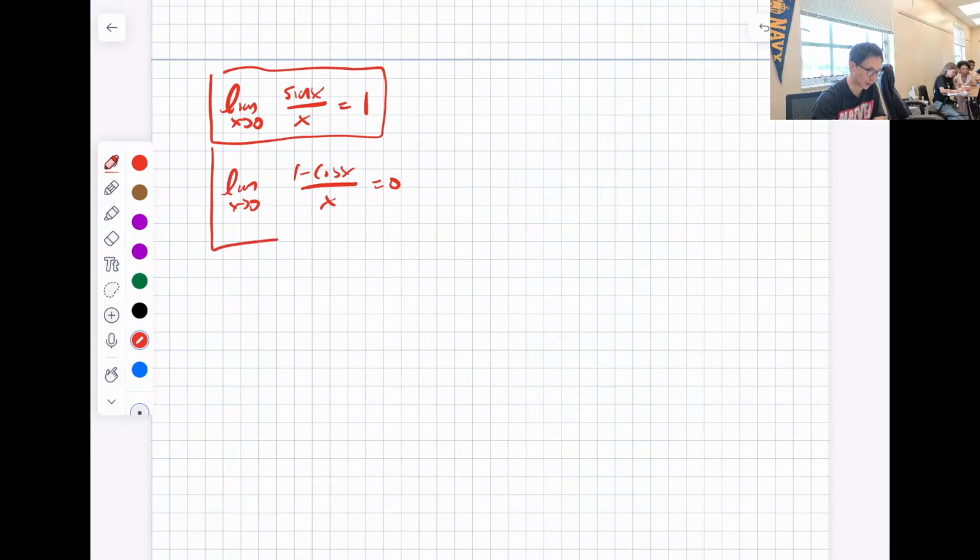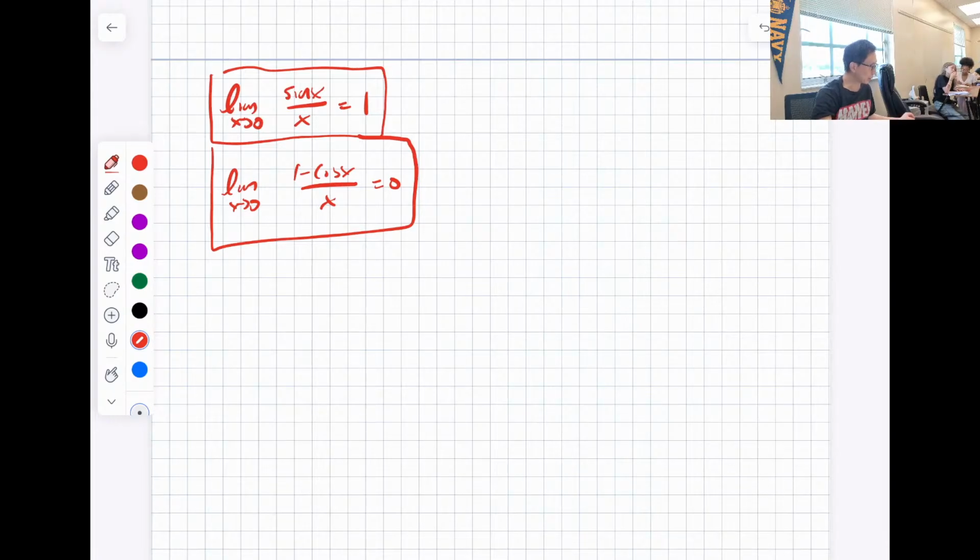So on an index card, if you ask whether you need to study something, well, you need to know those two trig limits. These are the only two trig limits you have to know. There's no other one, so you don't have to worry about others. So the limit as x approaches 0 of sine x over x is equal to 1. Also the limit as x approaches 0 of 1 minus cosine x over x is equal to 0.